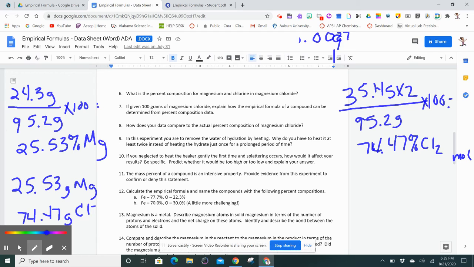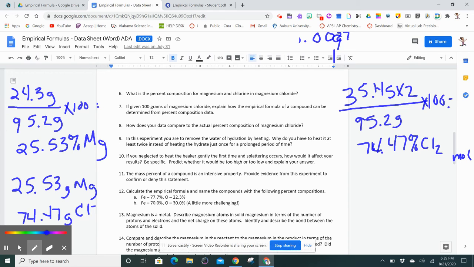Since this is based on 100 grams, I can take my percent compositions, and then I turn those numbers into moles and then find my mole ratio, which is basically your empirical formula.